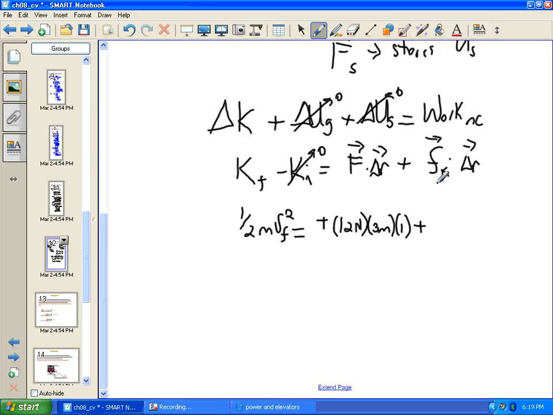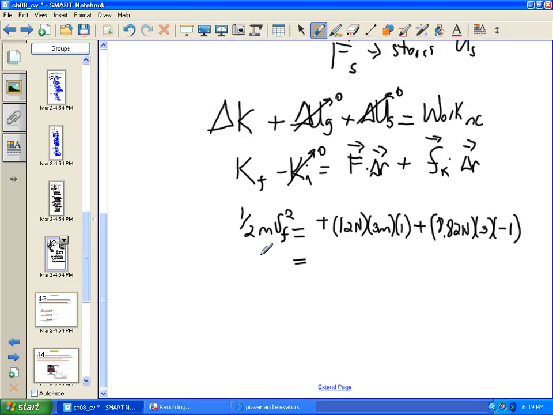If we take mu k times mg, we should have a value of 8.82 newtons, and please verify that this is the case, times 3 meters, but because the angle between friction and the displacement is 180, we have, of course, negative work being done.